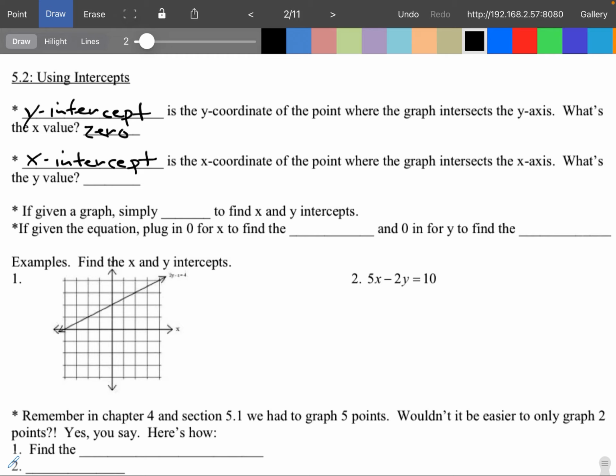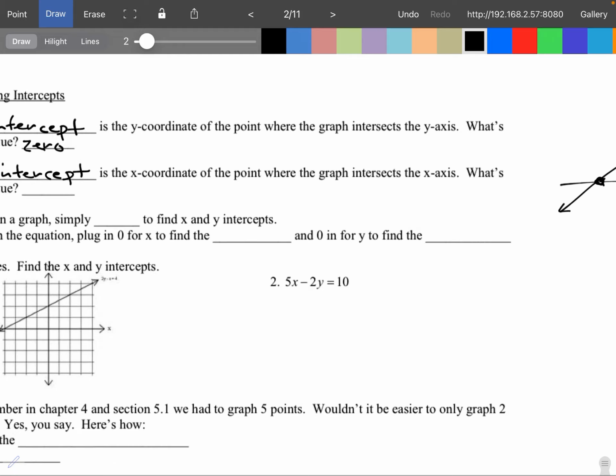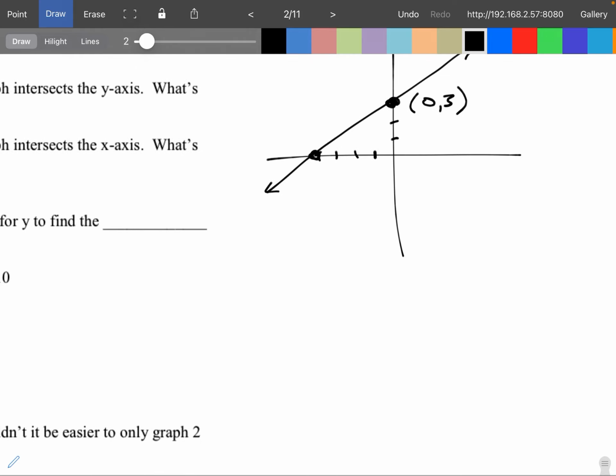All right, and then kind of the same thing, but the opposite, the next one we're looking for is the x-intercept. So fill that blank in. And the x-intercept is the x-coordinate of the point where the graph crosses the x-axis.